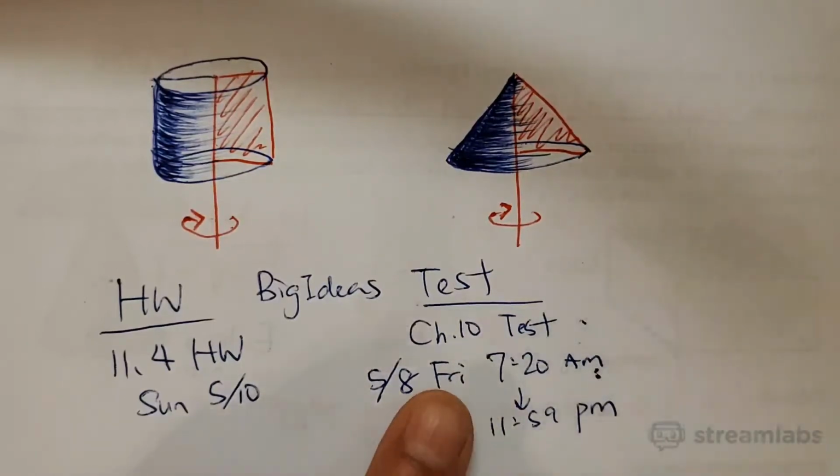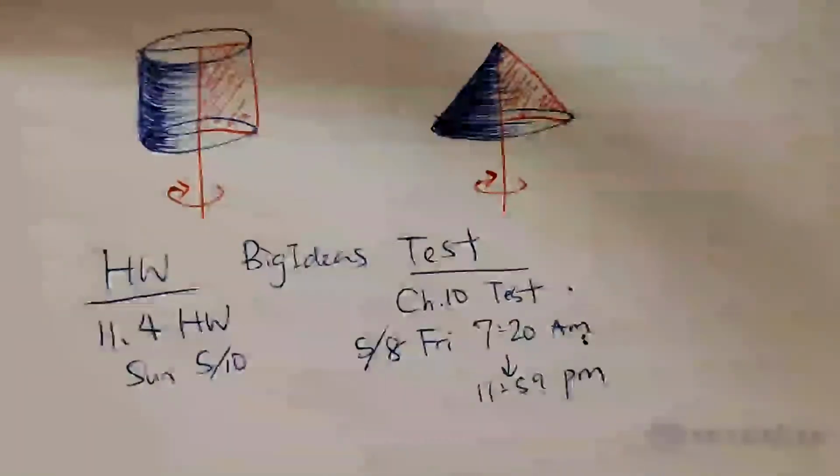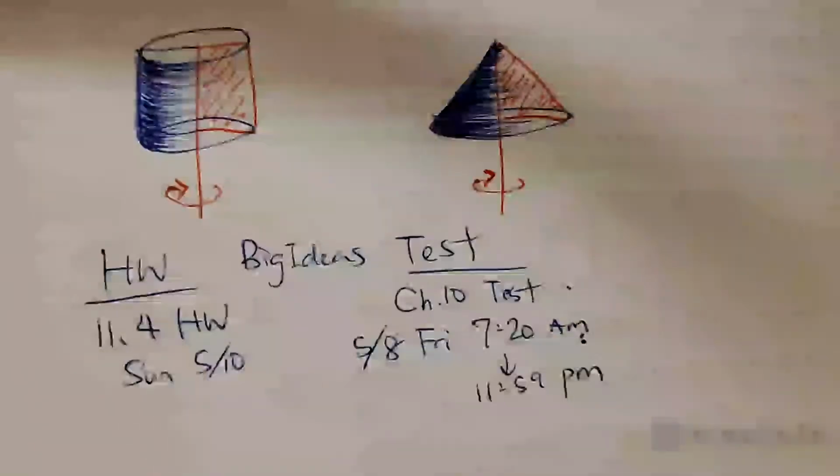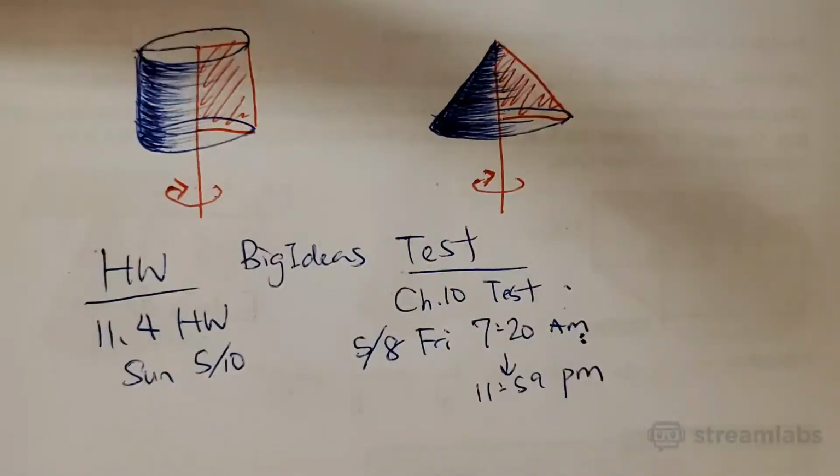Yeah, the test is right here. So I don't know if it's multiple choice. I don't think it is. It's like homework. It's kind of like homework questions. Think about it like homework questions. Okay.